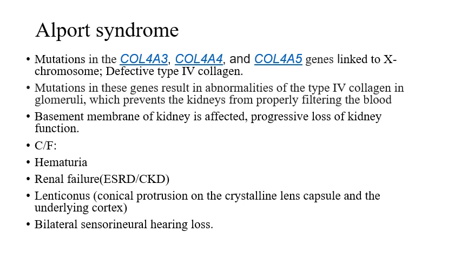They may also have lenticonus, that is protrusion of the lens capsule and the underlying cortex, and bilateral sensorineural hearing loss. This sums up Alport syndrome. The first feature will be hematuria, followed by CKD, lenticonus and bilateral sensorineural hearing loss. Wherever type 4 collagen is present, it is affected.